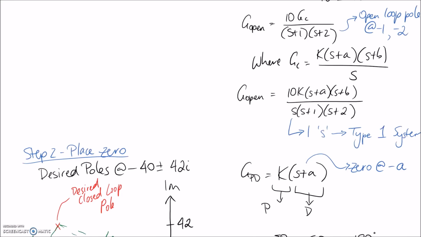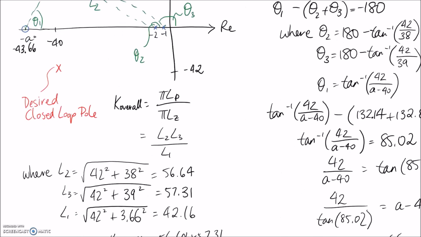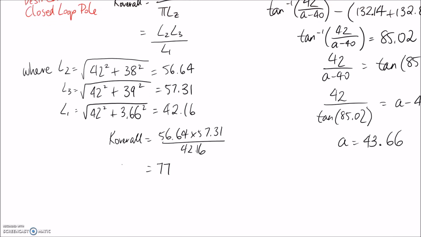Plus, we've also got the gain k that we need to design, which comes from our controller transfer function. At the moment, remember, we're designing just the PD part. So this k in here. All we need to do is take the overall gain from our system, which includes the 10 and the k from the controller, and figure out what k on its own needs to be. So it's going to be 77 on 10, which is about 7.7.